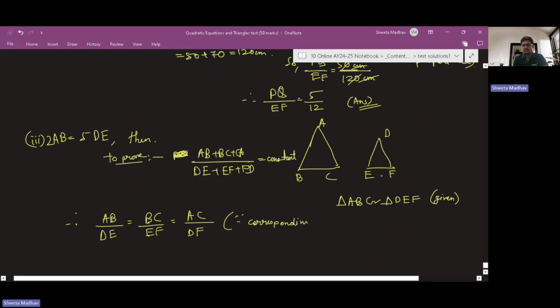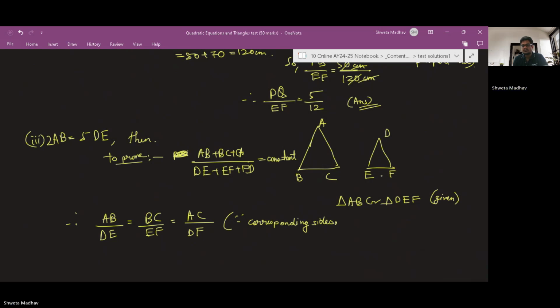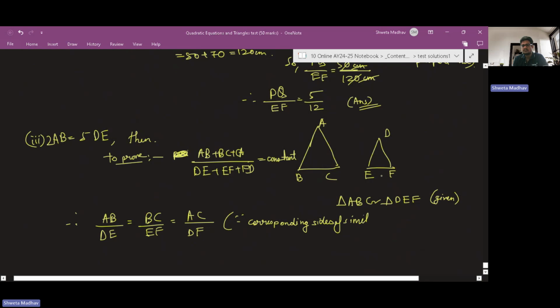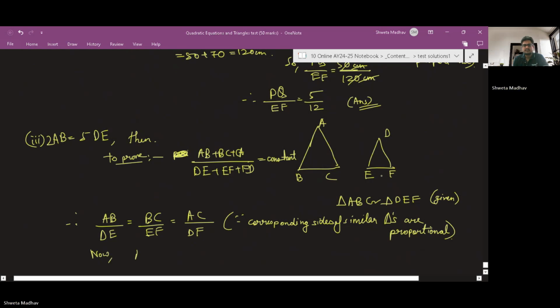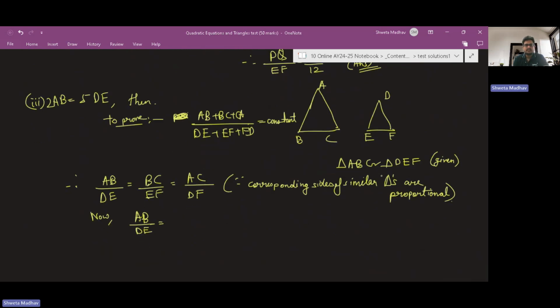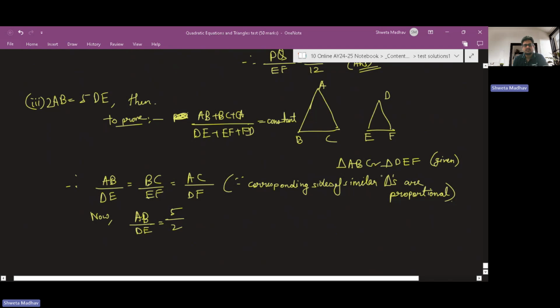Now 2AB is given as 5DE, so AB by DE is given as 5 by 2.